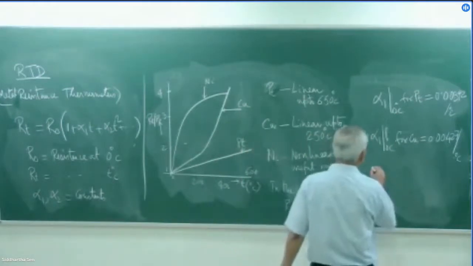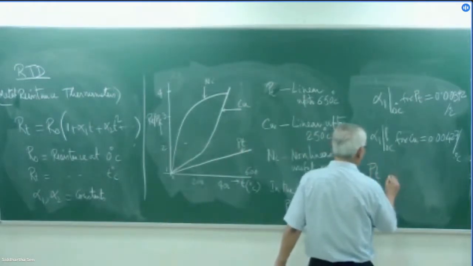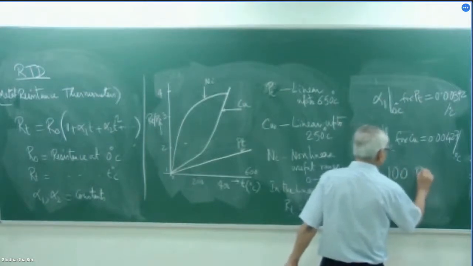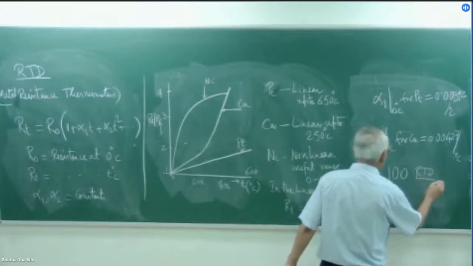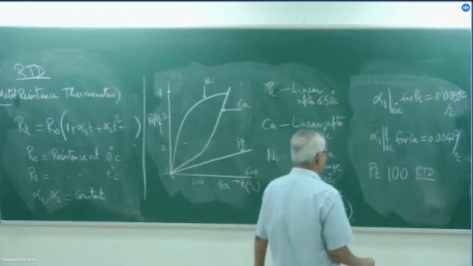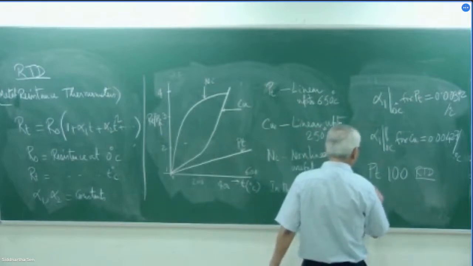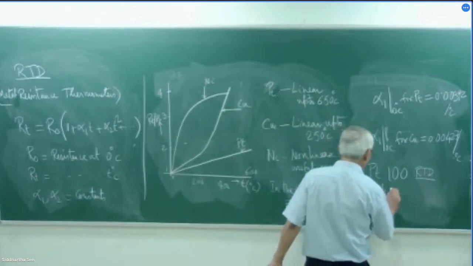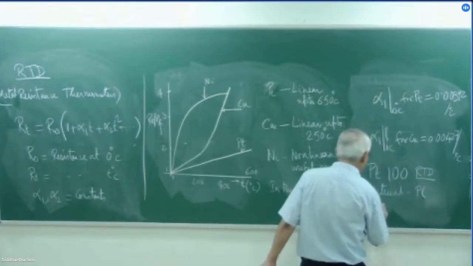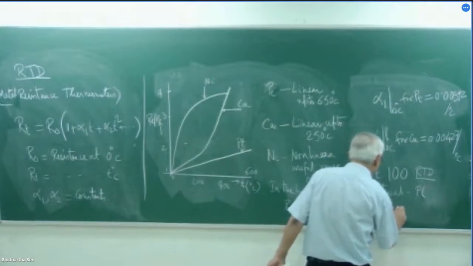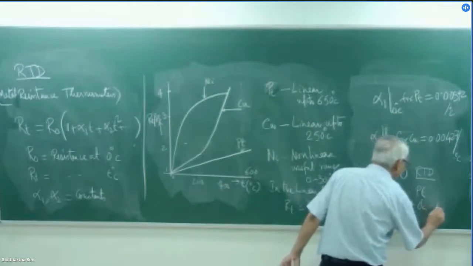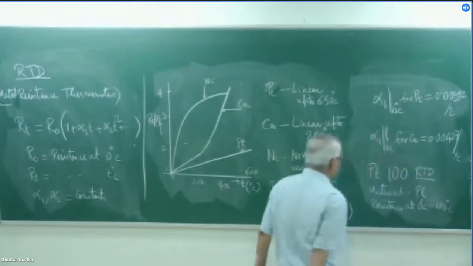Often we will find a commercial RTD called a PT100 RTD. From this name itself, we will be able to understand what it is: the material is platinum, and the resistance at 0 degrees Celsius is equal to 100 ohms.